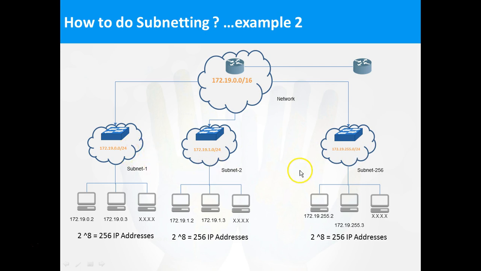So all these subnets possess the properties of this particular network. Why? Because this subnet, for instance 172.19, has the residue of the main network. Similarly, this has the residue of the main network. This is also having the residue of the main network.